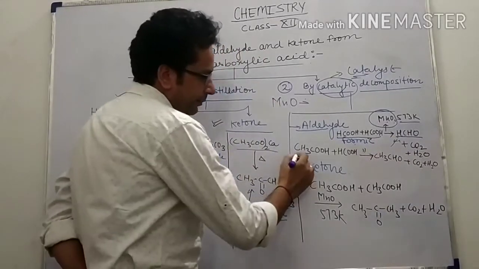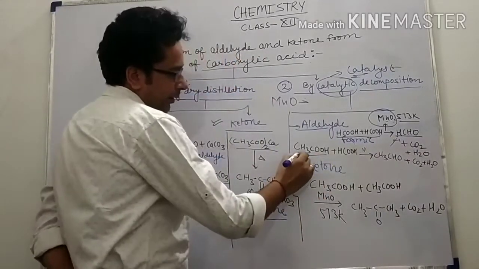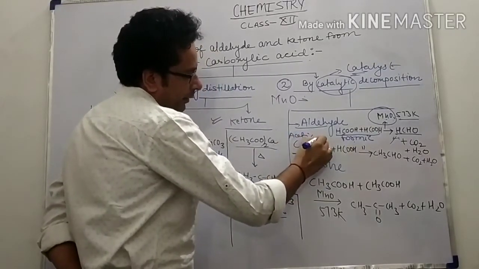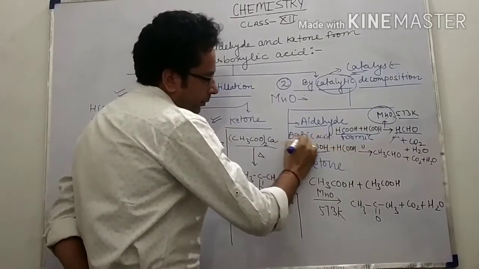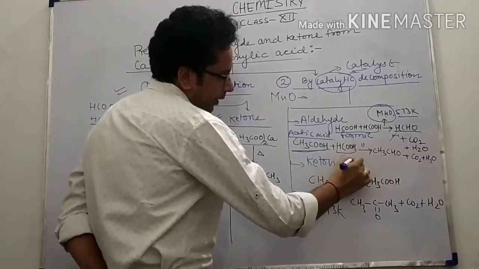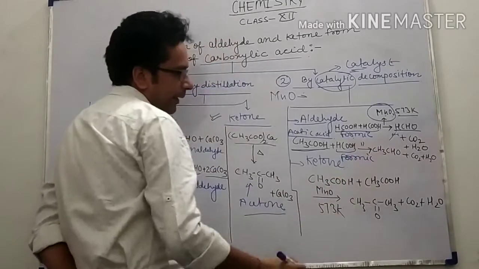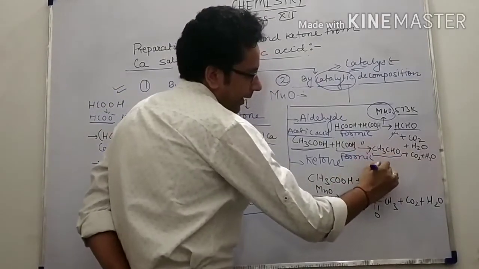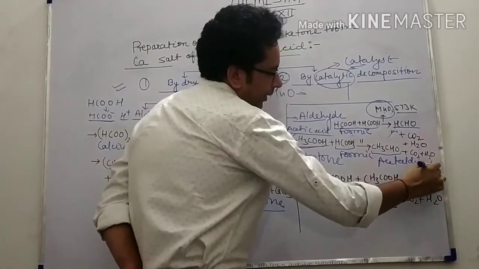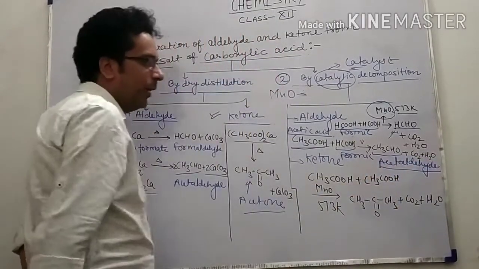But when we take acetic acid and formic acid, then there is formation of acetaldehyde along with carbon dioxide and water.